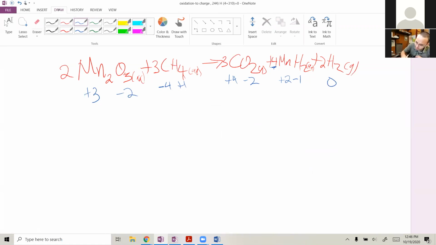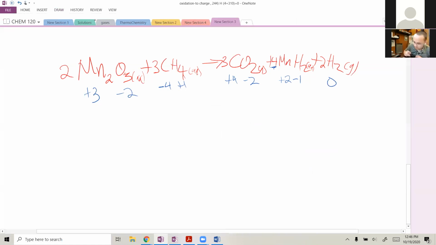Now, let's look at our oxidations. Who's oxidizing? So what did we decide? If we were looking for something that's oxidizing, what's happening to our number? Is it becoming more positive, more negative, or staying the same if we are oxidizing? More positive.